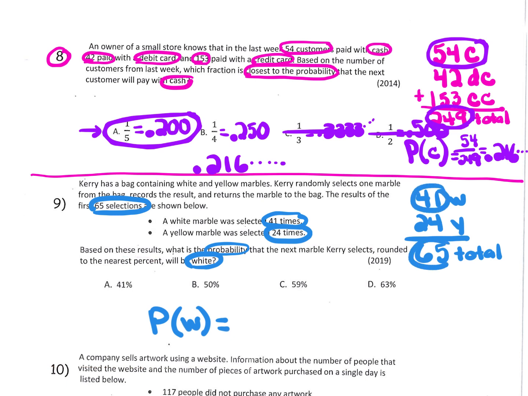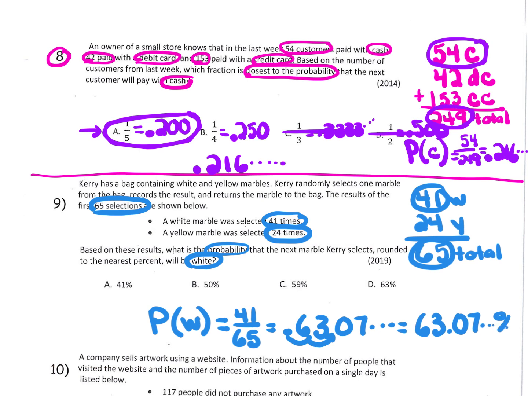Well, that's 41 over 65. But we're going to convert that to its decimal equivalent, 41 divided by 65, and you get 0.6307, etc. And when we convert that to a percentage, this is certainly closest to choice D, rounded to the nearest whole percent.